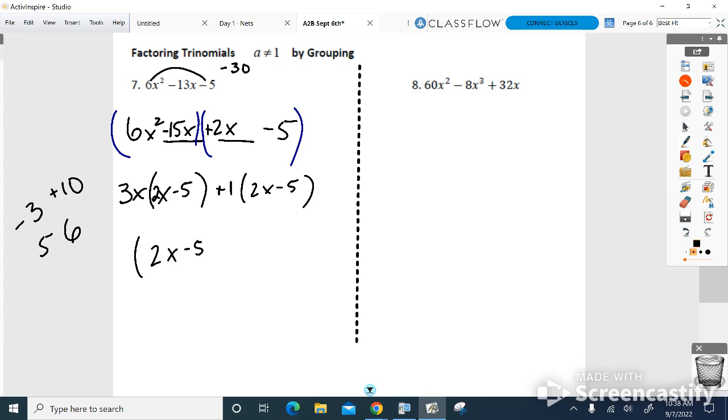Great job. And then what's left over for the other parenthesis? 3x + 1. Perfect. Awesome. So I'm going to make 3 terms into 4 by taking that middle term and breaking it up into 2. Issues before we get to the beast?